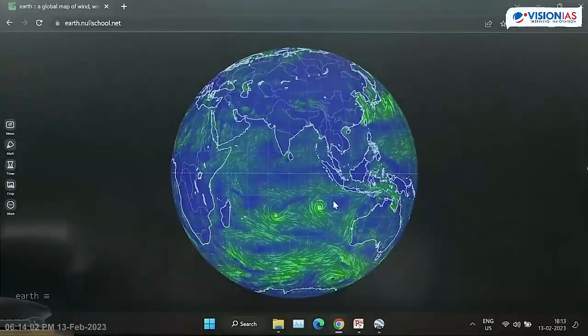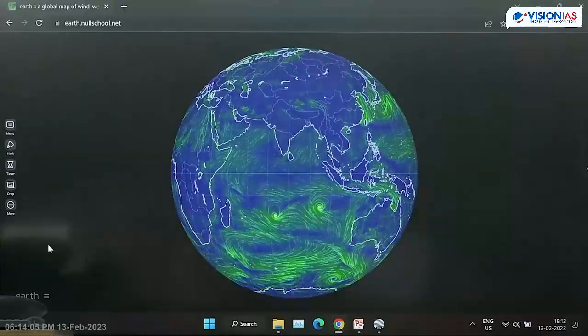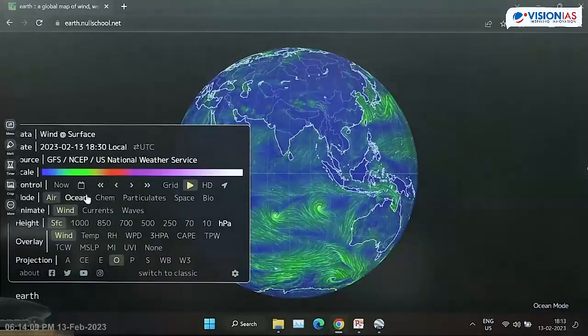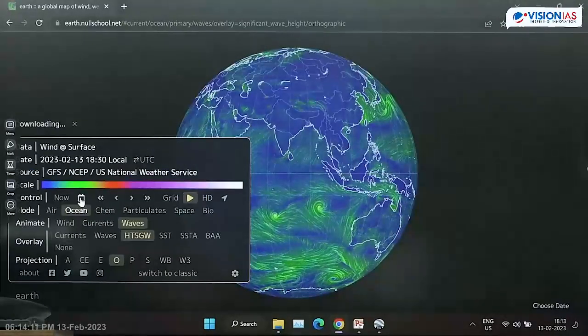So did I show you this? दिखाया था मैंने. इसमें you can see the currents also.